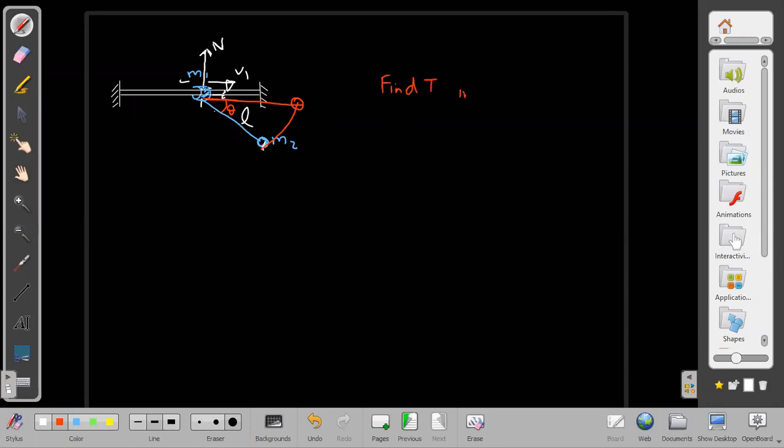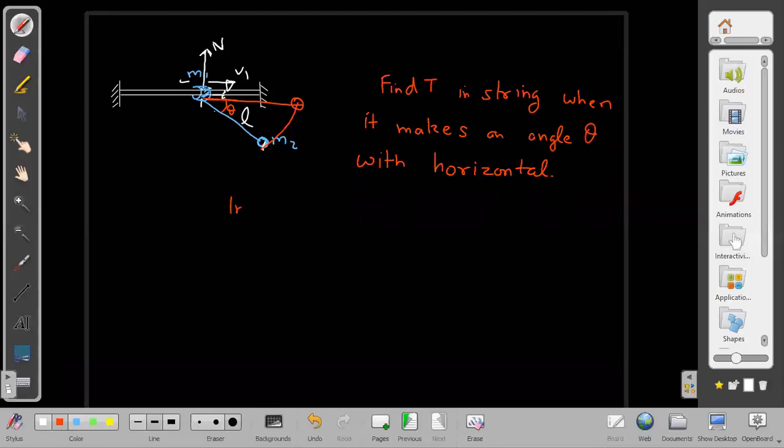Find the tension in the string when it makes an angle theta with the horizontal. Initially, the string was horizontal.